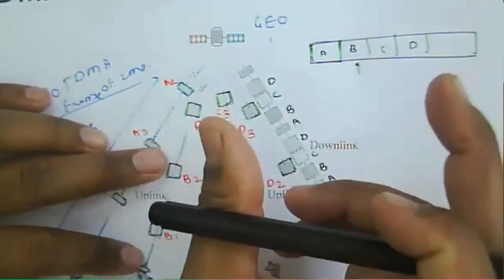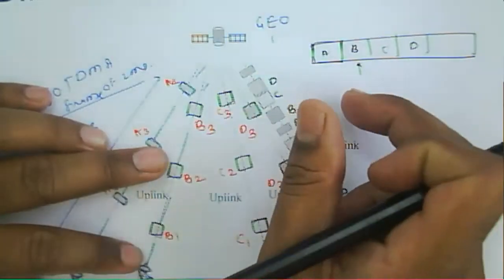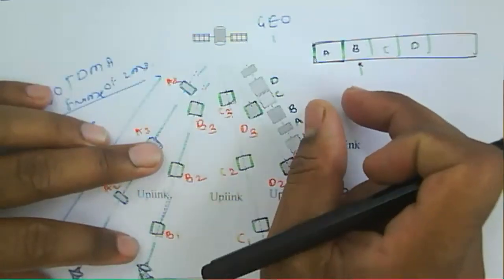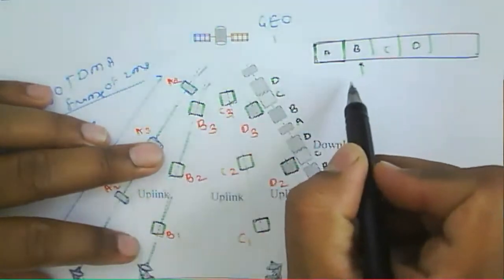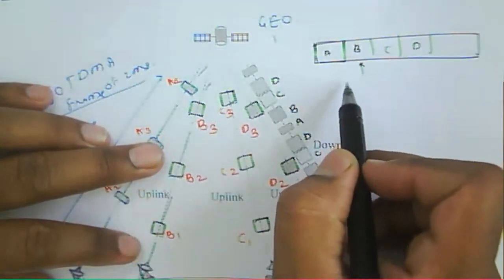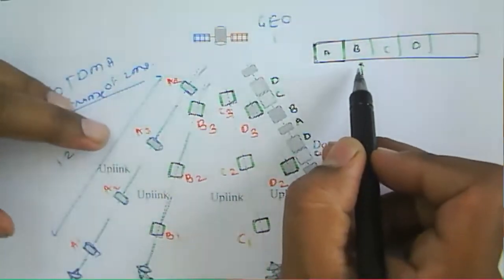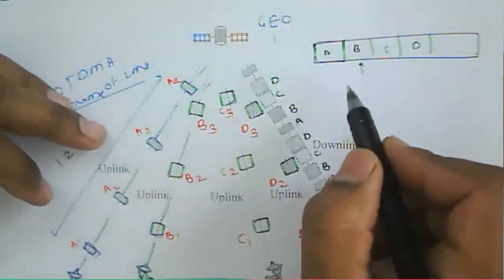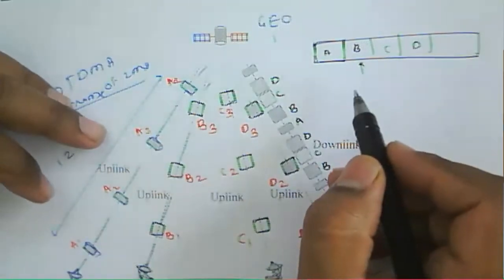If there is a small delay or a small drift, what happens? That particular position in the frame for the given station will not be achieved by that station. So that's why there will be an overlap.